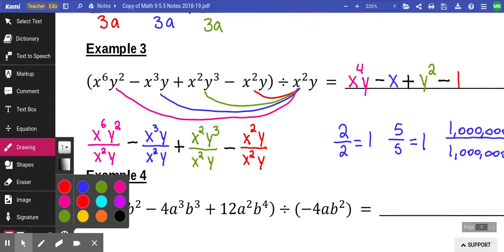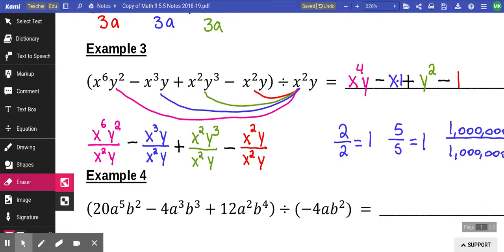Y divided by y is something divided by itself, which equals 1. So this technically is x times 1. But we don't write times 1 because anything times 1 is itself. So that's why we don't write anything there. But there is an invisible times 1 there. We just don't write it.